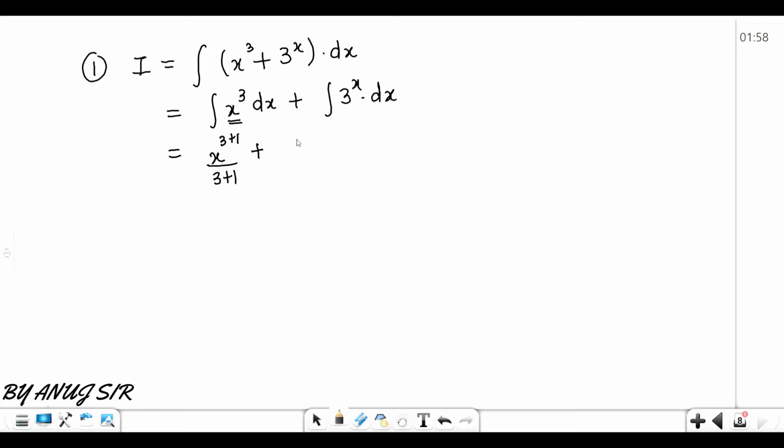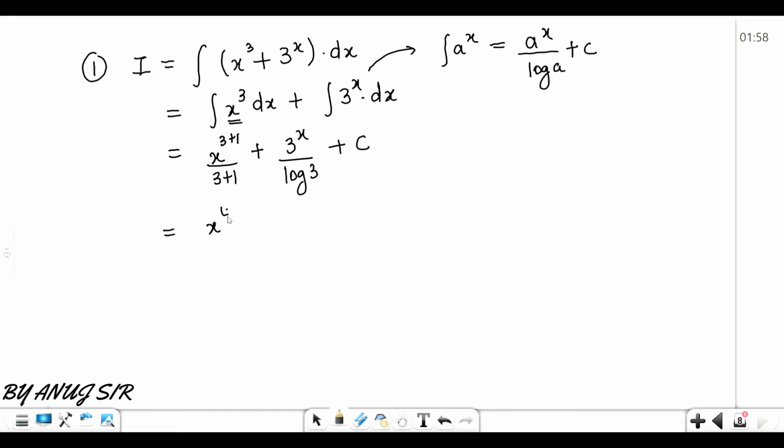Plus this is 3 raised to x, which is the same as integration of a raised to x. If you remember, the formula of a raised to x is a raised to x upon log a plus c. Here the value of a is 3, so this will be 3 raised to x upon log 3 plus c. So we'll solve this. This will give you x to the power 4 upon 4 plus 3 raised to x upon log 3 plus c. I hope you understood this problem, which was quite simple, completely based on the formula.